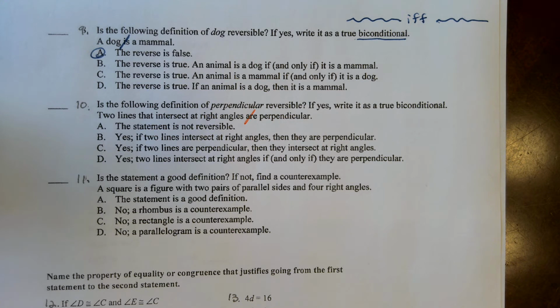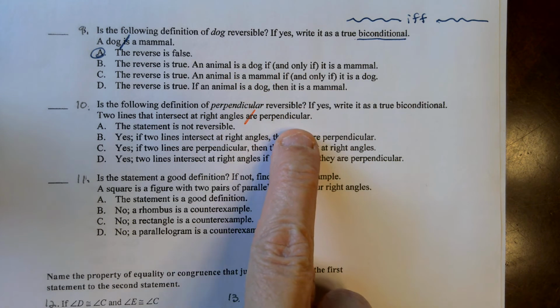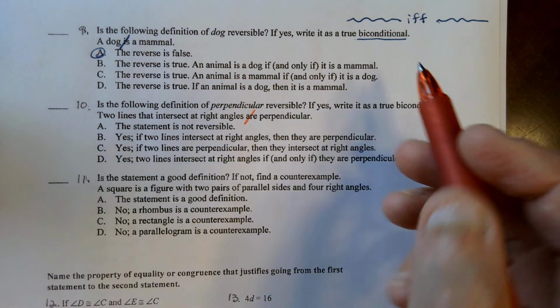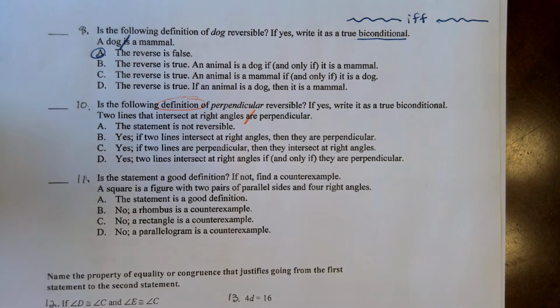Yep, that's true. Okay, let's flip it now. If two lines are perpendicular, then they intersect at right angles. Yep, that would be true. Now, that means this is a great definition because it works both directions.